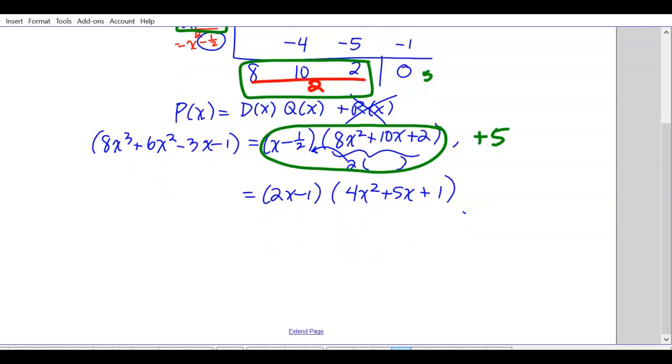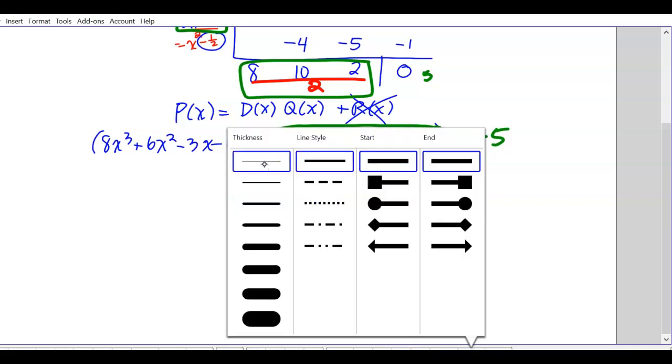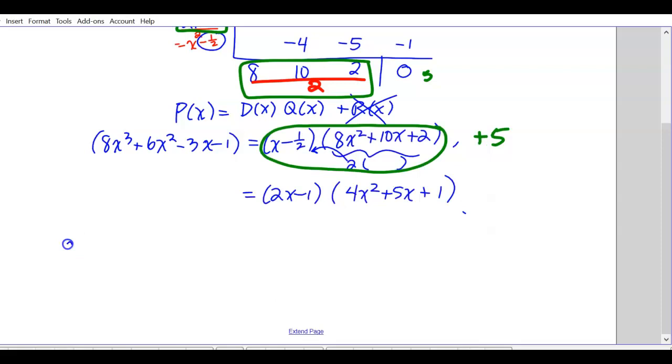Let's get you to do one more here. So I'll just set it up. So this is number 2, and let's go 3x minus 1.